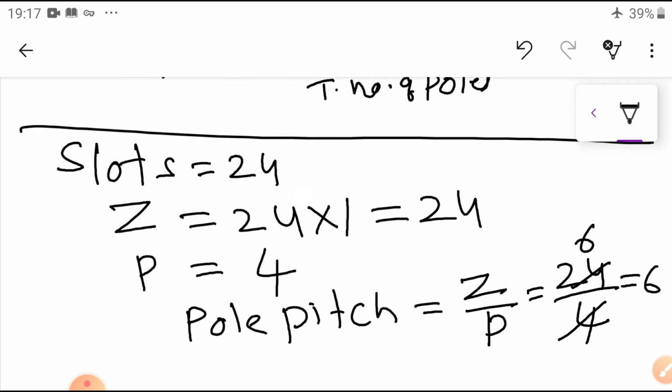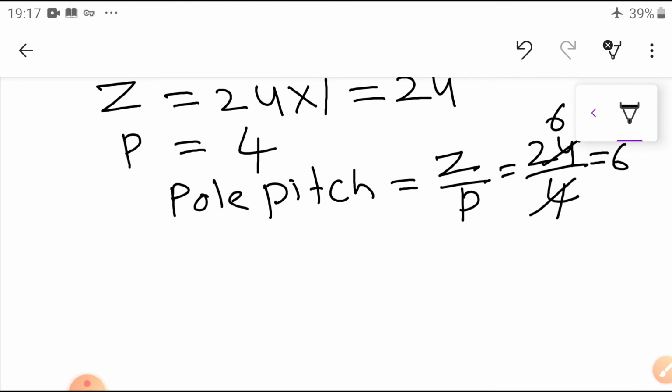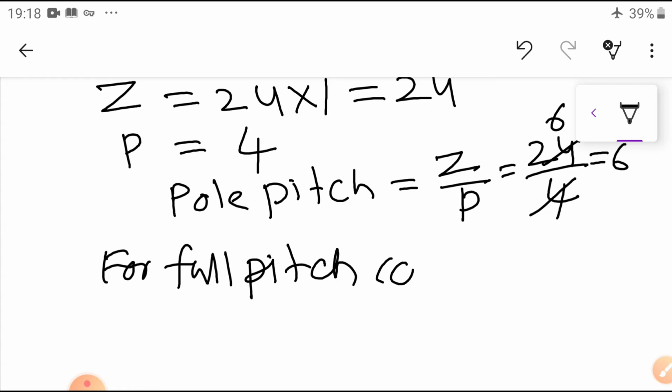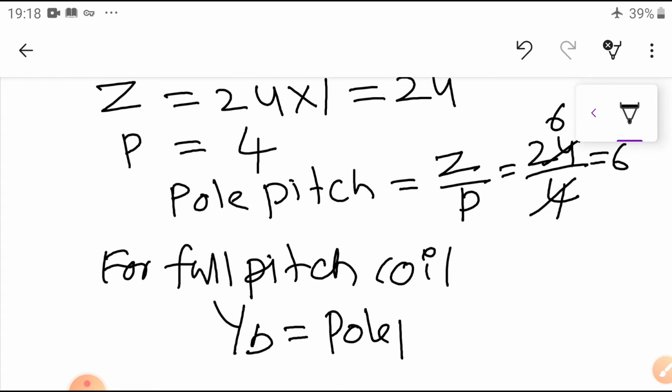After knowing the pole pitch, for a full pitched coil, the back pitch YB is equal to the pole pitch value, that is 6.